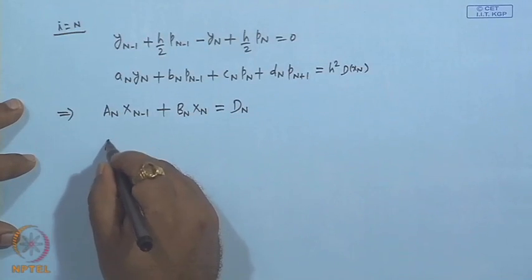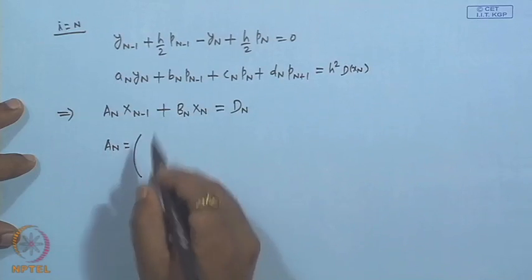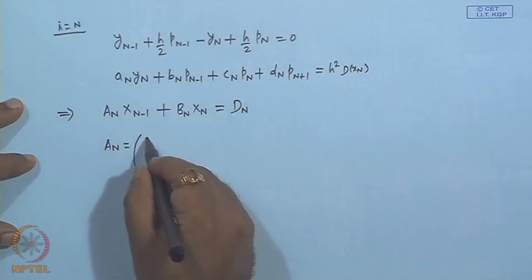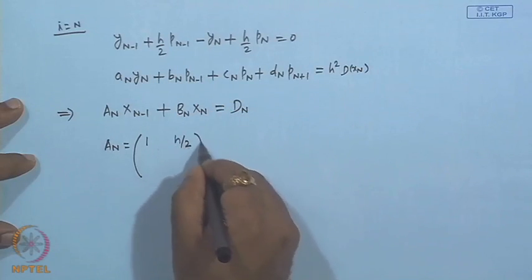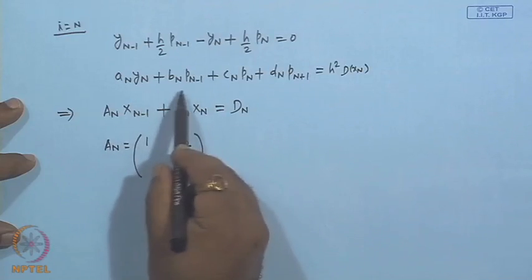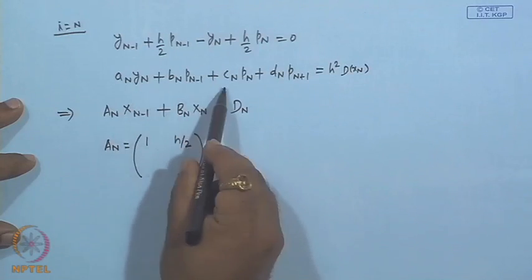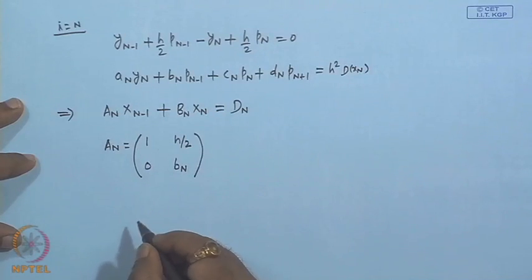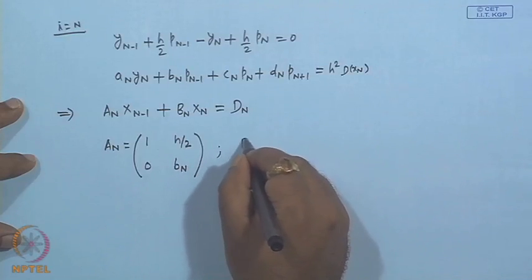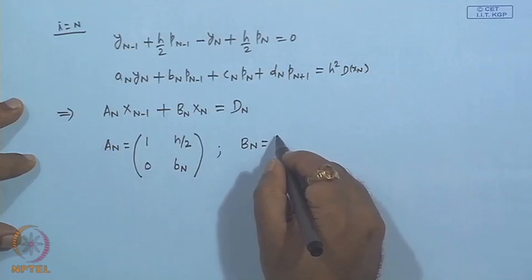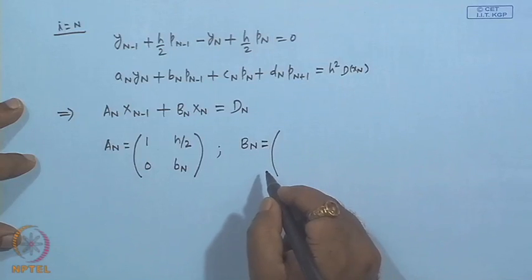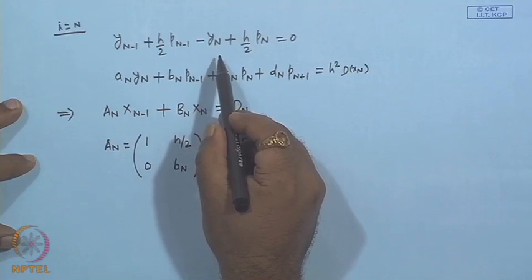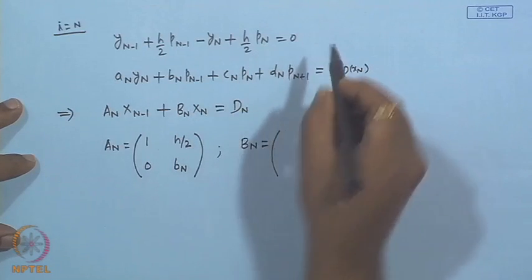Where, see x n minus 1, that is y n minus 1 p n minus 1. So, we have the terms very much 1 and here we do not have y n minus 1. So, p n minus 1 has the term, okay. Then b n, look, the remaining left out, we know p n. What was p n?